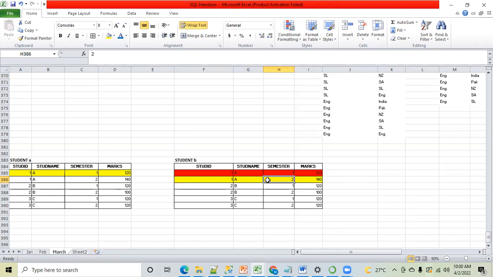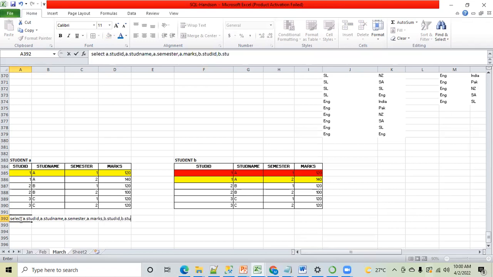Correct? Okay. So if I write a query: select a dot student ID, comma a dot student name, comma a dot semester, comma a dot marks. Intentionally, I am taking all the column names from both the tables.